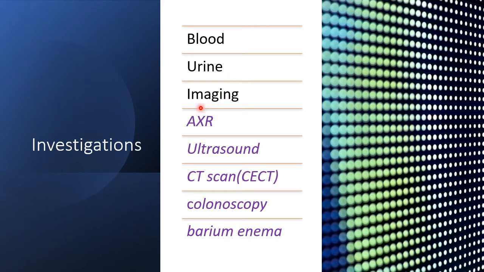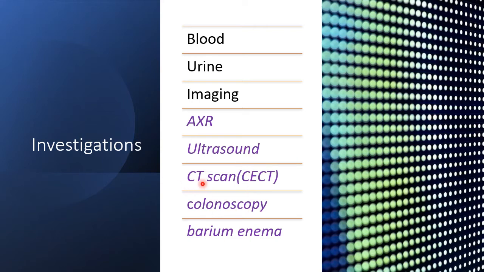And also the all-important imaging. Abdominal X-ray is a very important component of investigation, and ultrasound. So abdominal X-ray and ultrasound become the preliminary investigations for almost all cases of lower abdominal problems.